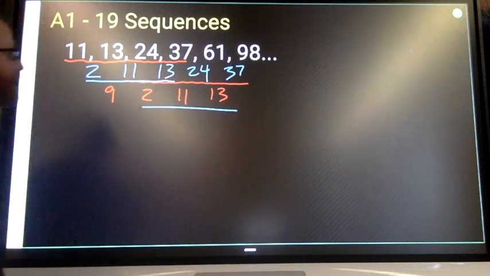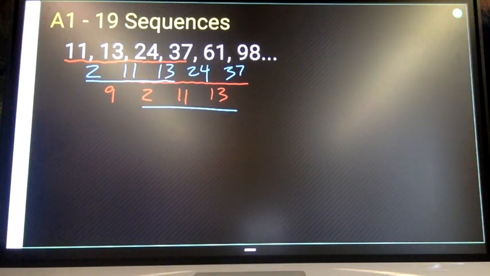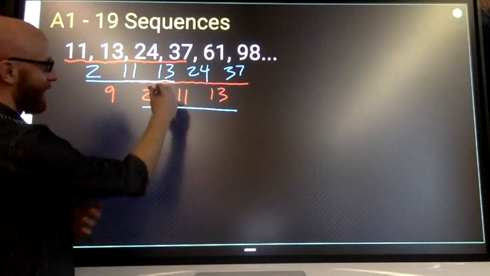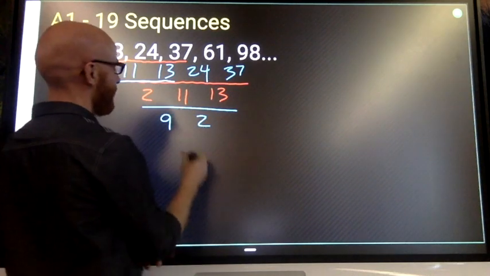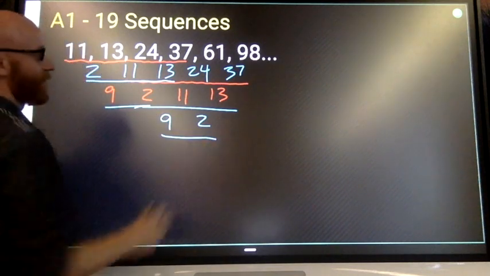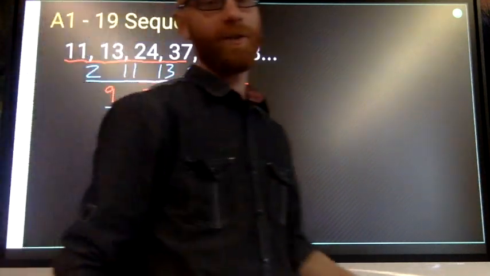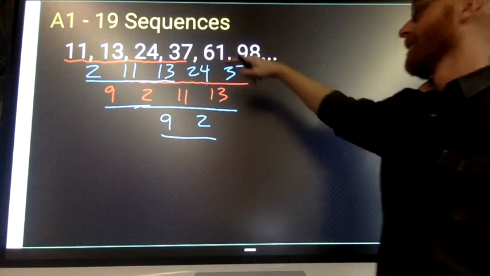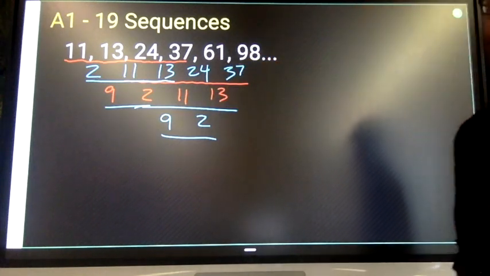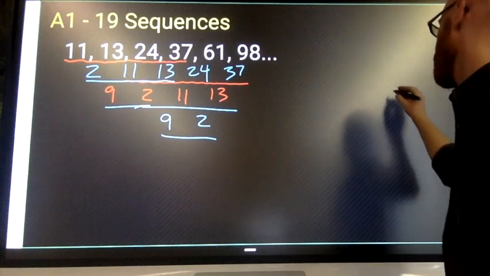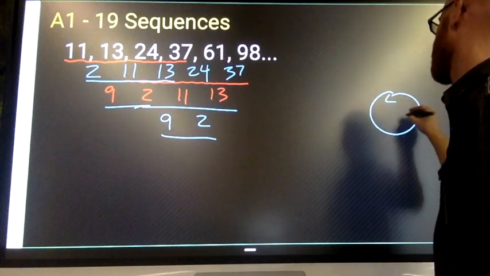Okay, if I take third differences, 9, 2, 9, 2, 9, 2. All right, so when this happens and you start seeing the differences are repeating themselves, I call this a snowball pattern.